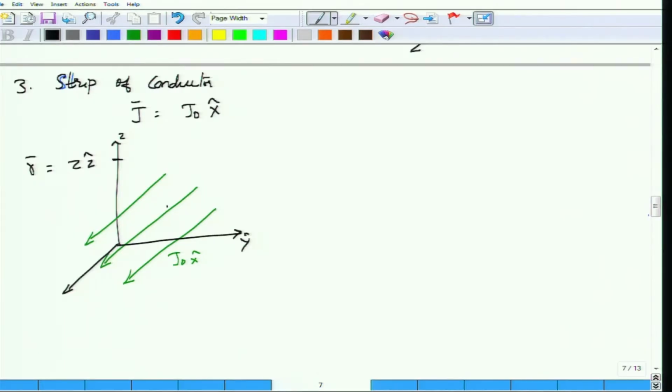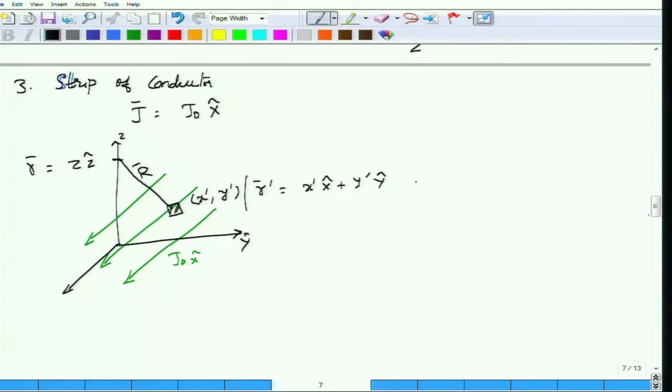So, let us select any particular point here in the xy plane. This point in the xy plane will be at coordinates x prime and y prime. Therefore, r prime will be equal to x prime x hat plus y prime y hat, correct. And from there you look at the vector that joins the source and the field points.